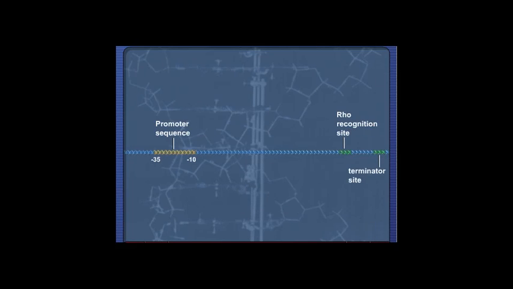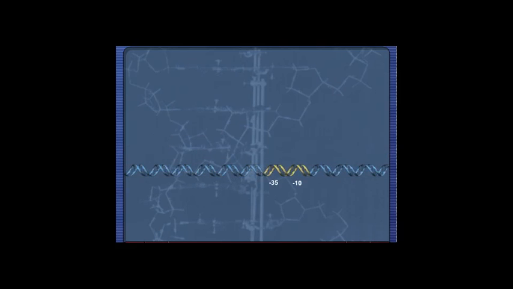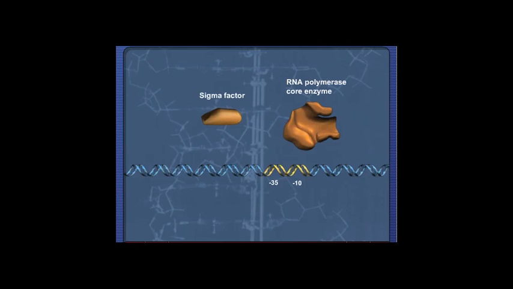The sequence of the promoter at positions 35 and 10 nucleotides upstream from the transcription start site are critical to initiating transcription.